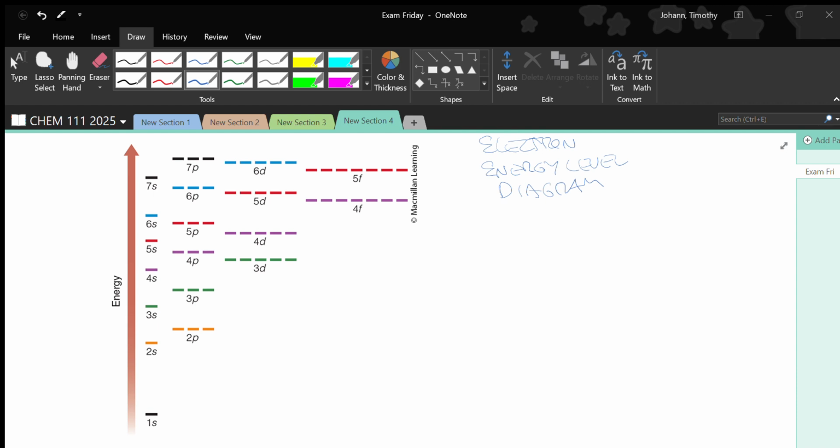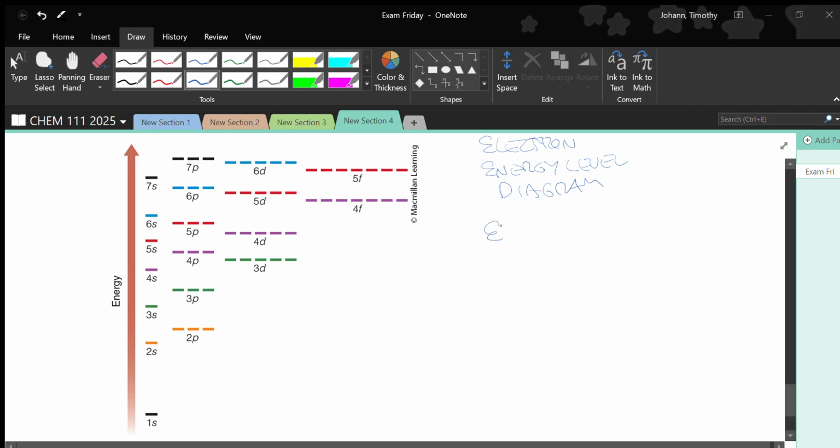We'll figure out how many electrons we have for an atom and we fill them in. Makes sense? So we fill them in from lowest energy to highest energy.